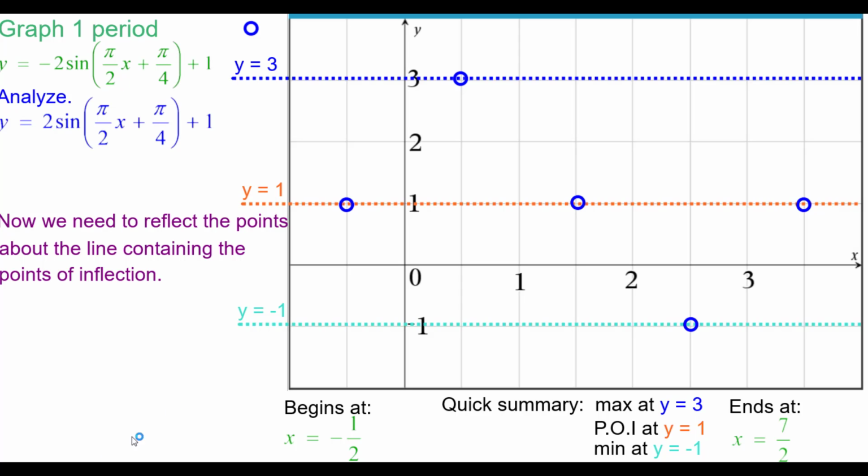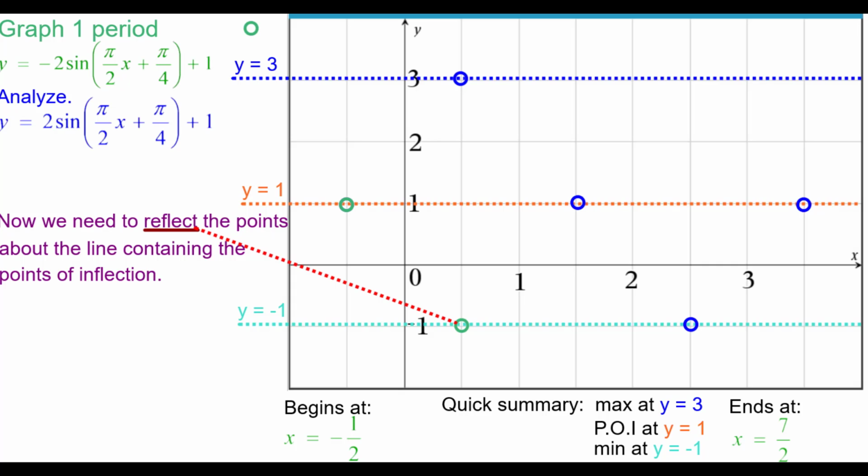Now we need to reflect these points about the line containing the points of inflection, because remember, this is not the one we wanted. We want the green equation, and that negative sign is going to make us reflect it about the line containing the points of inflection, which are right here. So the points of inflection, this point will now become itself. It reflects as itself. This point that's a maximum will reflect down here as a minimum.